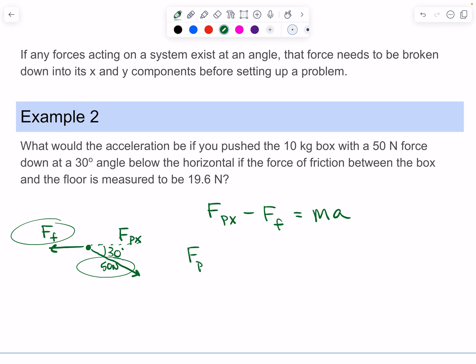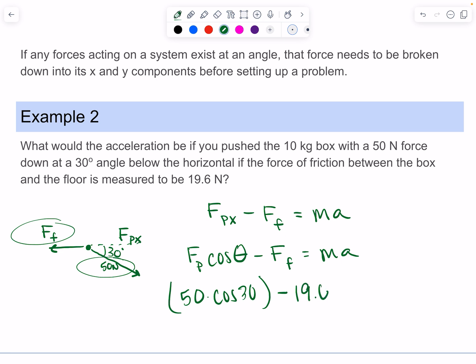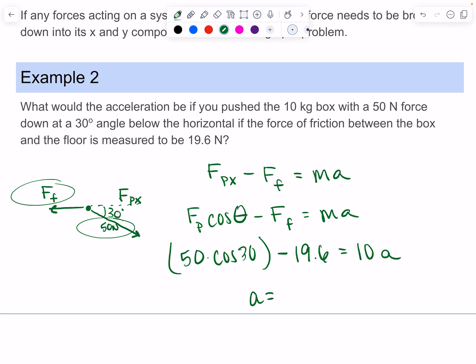So that would be force of the push times cosine of the angle minus Ff is equal to ma. Now we can plug in numbers because I know that the push force is 50 newtons times the cosine of 30 degrees minus the 19.6 newtons of frictional force is equal to 10 times acceleration. So I get an acceleration of 2.4 meters per second squared.